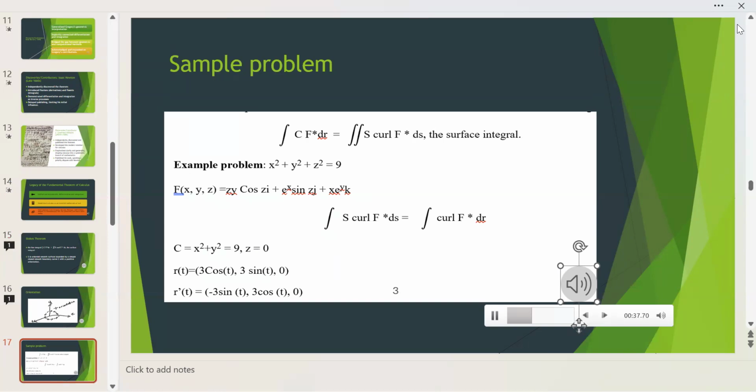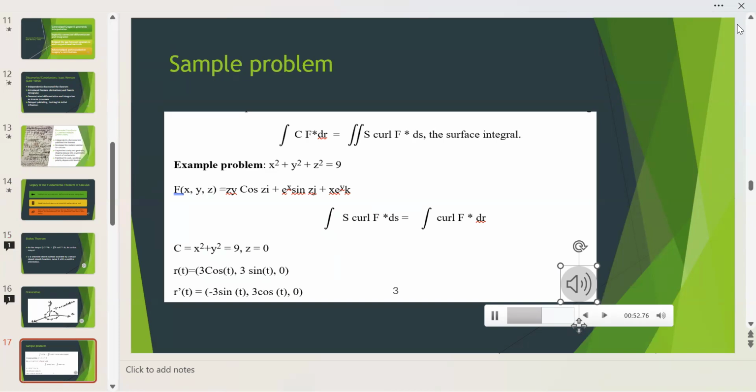So if you notice, the integral for the surface is the double integral over S of curl F dS, and that's equal to the line integral of F dr.